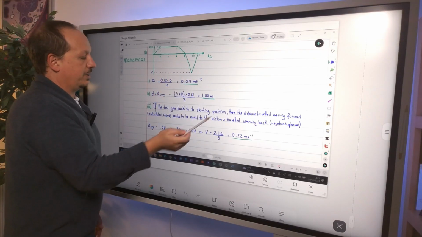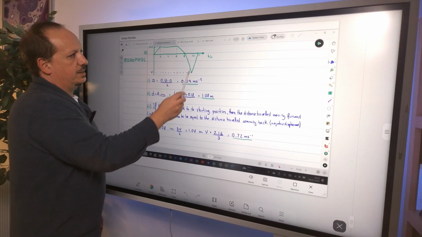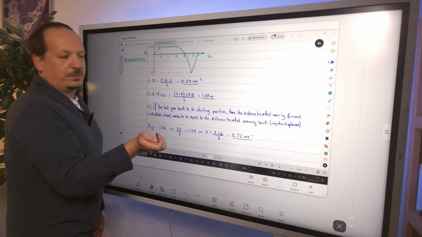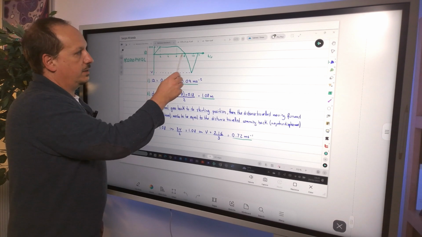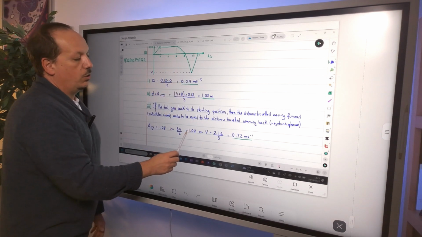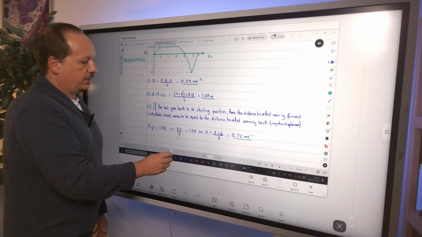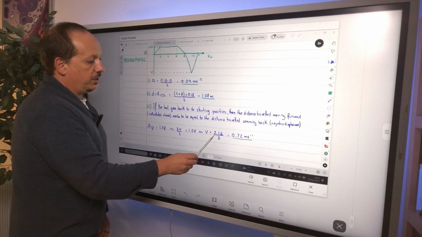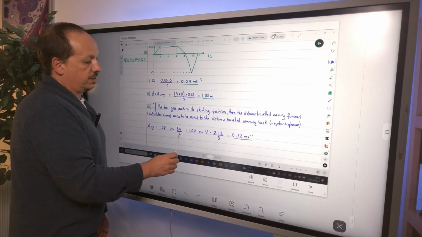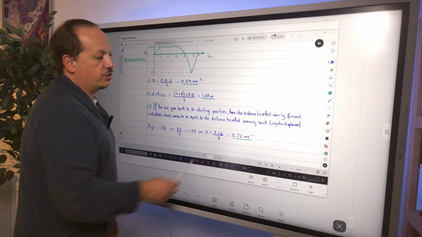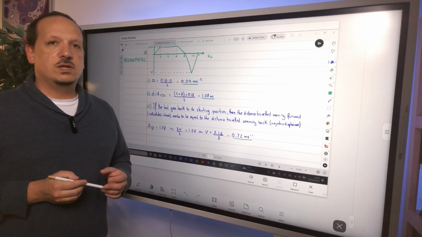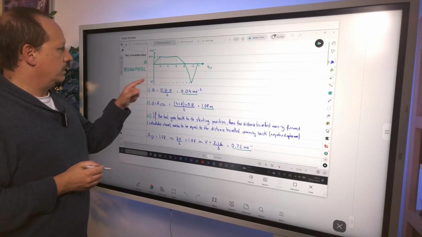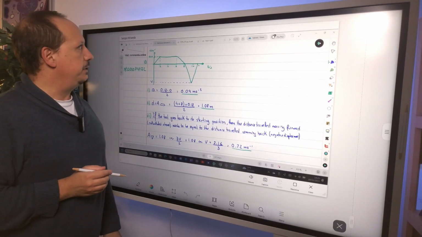Base times height divided by 2. So 3 times the height, which is V, divided by 2. The formula for the area of a triangle equals 1.08. All right. So V equals this times 2 divided by 3, which is 0.72 meters per second. Okay. That is the value of V.